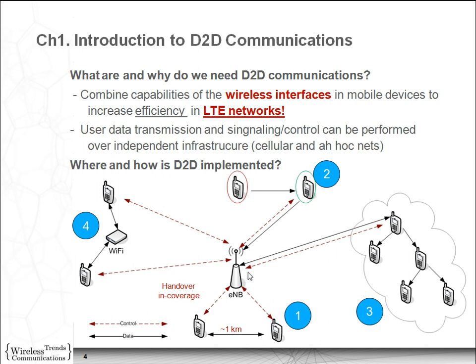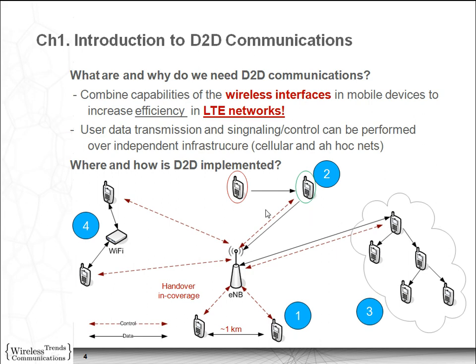We assume that we have the base station, and we have the control plane that is handled by the cellular network, and the data is actually handled by the devices, right? So we can have some ranges of this possible communication, and that's it. They can transmit information in proximity, and there are some other services that I will mention in the next slides. So this is the first one.